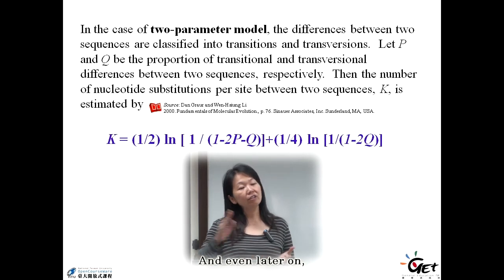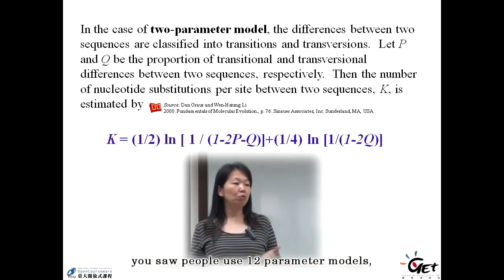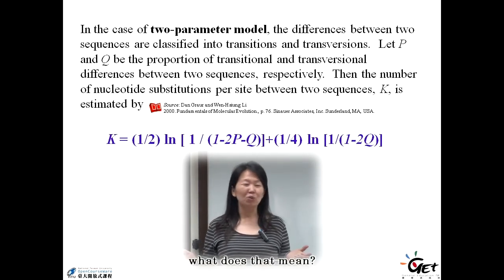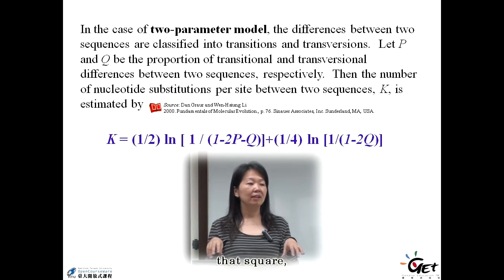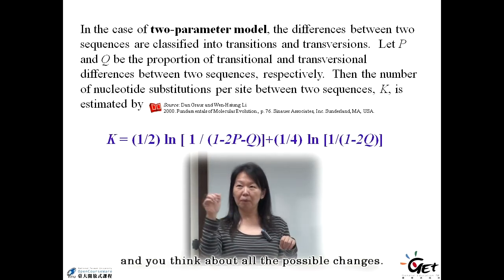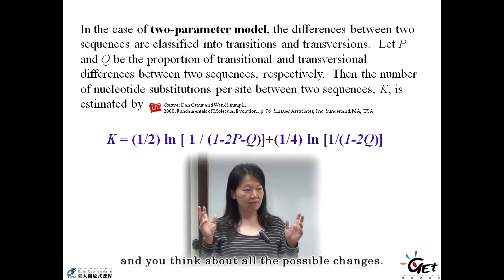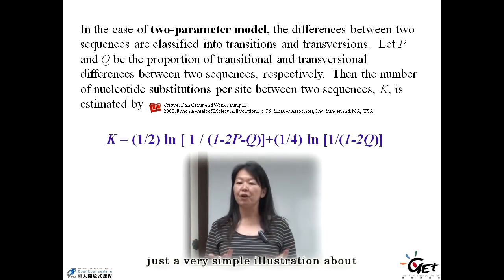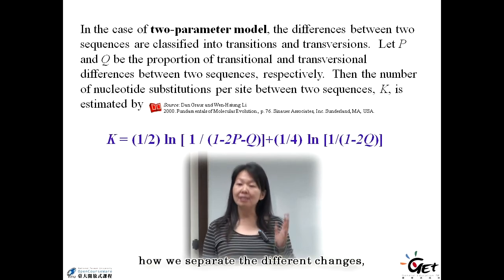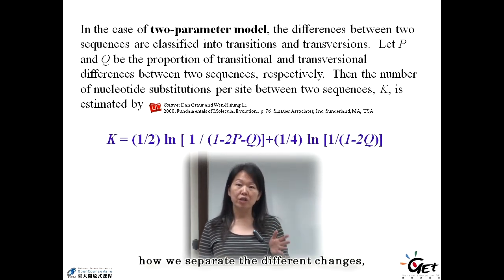And even later on, you will see people use a 12-parameter model. What does that mean? You have the ATGC diagram, that square, and you think about all the possible changes. Transition and transversion is just a very simple illustration of how we separate the different changes.